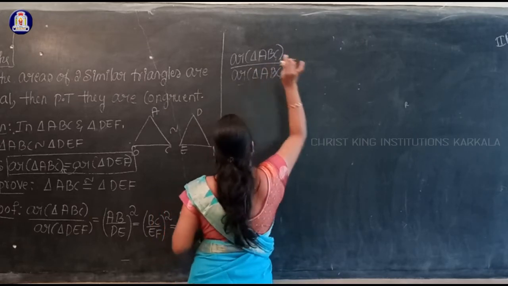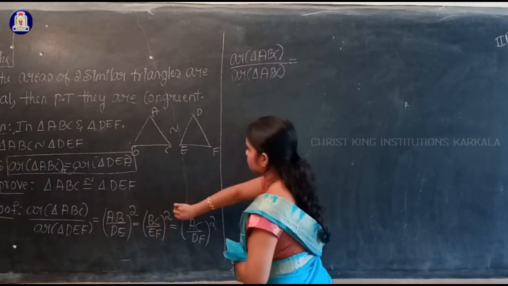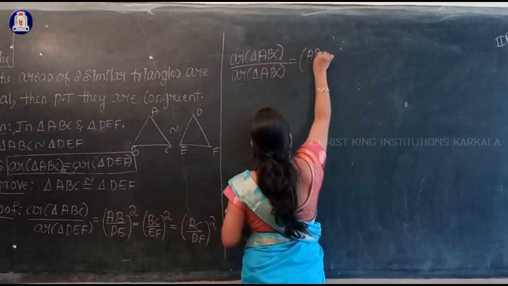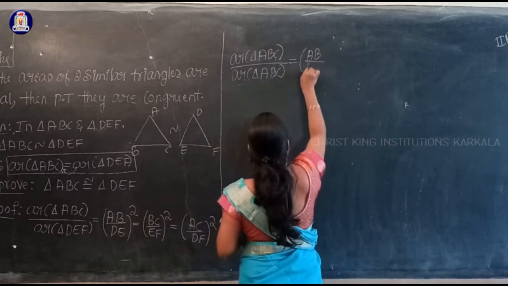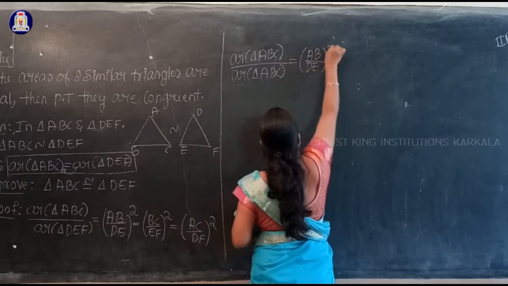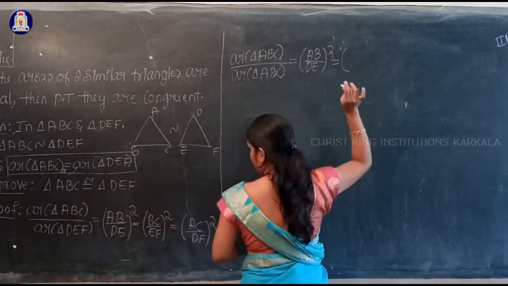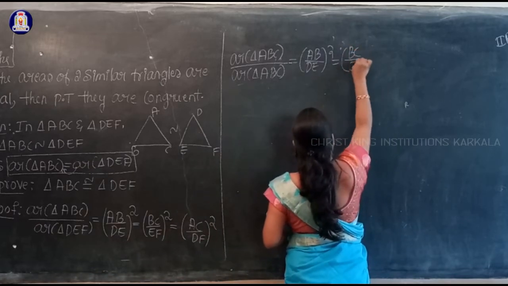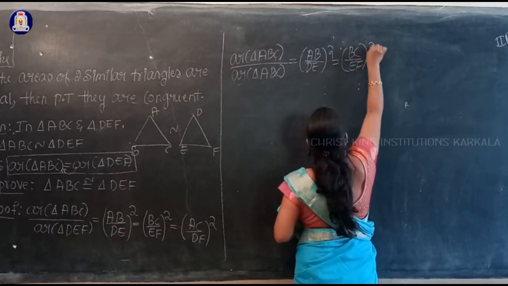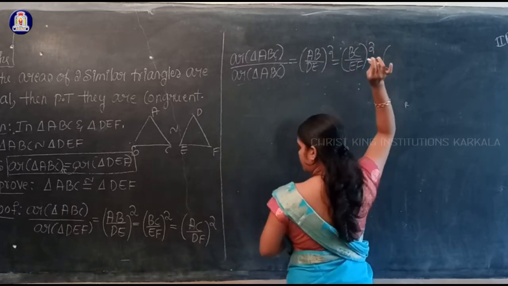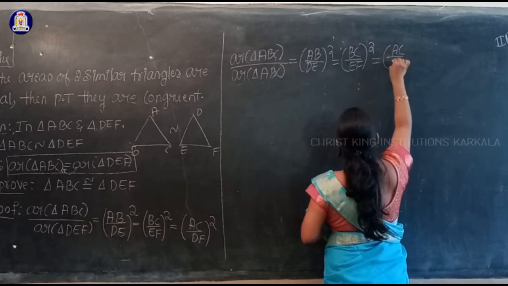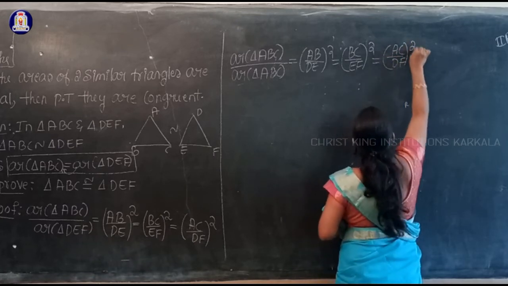So the left side is area of triangle ABC by area of triangle ABC, equal to, the right hand side written as it is, (AB by DE) whole square equal to (BC by EF) whole square equal to (AC by DF) whole square.